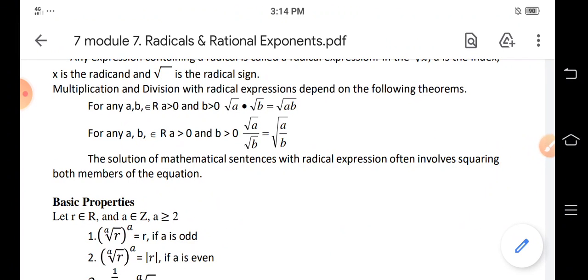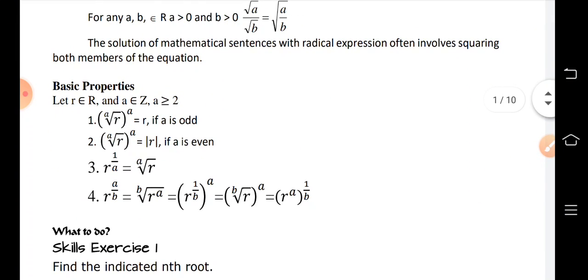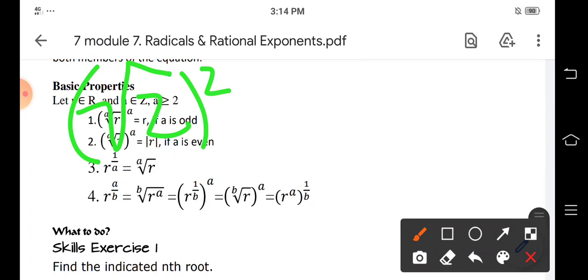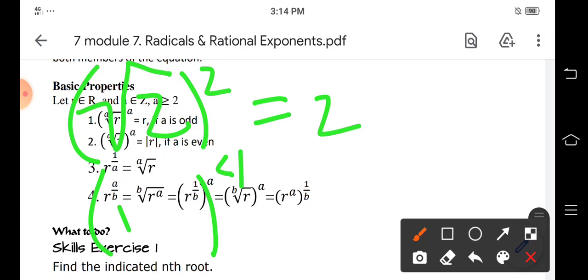So what if we have this one? Let's say square root of 2 squared. So this is the same as 2. Now what if we have, okay, let's say the fourth root of square root of 3.